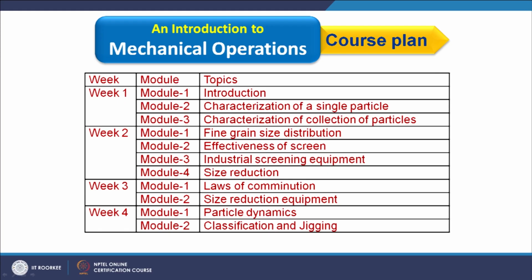First is particle size distribution, second is effectiveness of a screen, third is industrial screening equipment, fourth is size reduction. The third week involves 2 modules, that is laws of comminution and size reduction equipment, and week 4 again involves 2 modules, that is particle dynamics, classification and jigging. So this is the complete course plan.